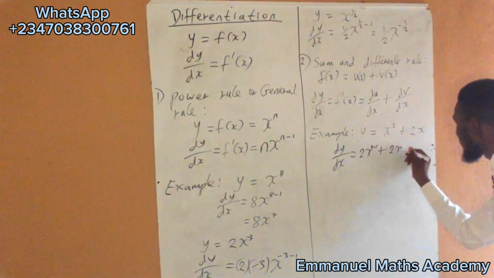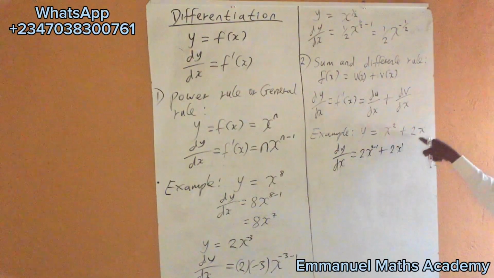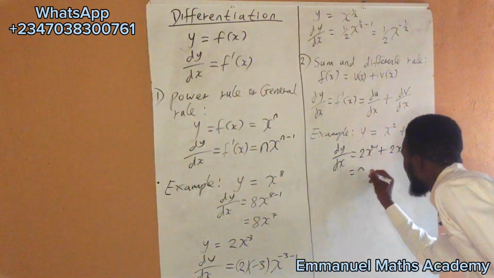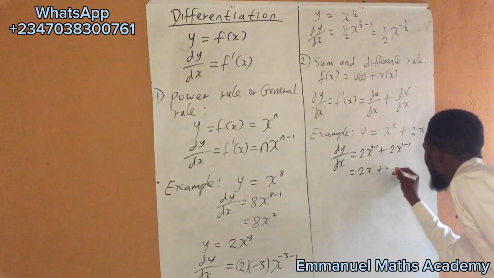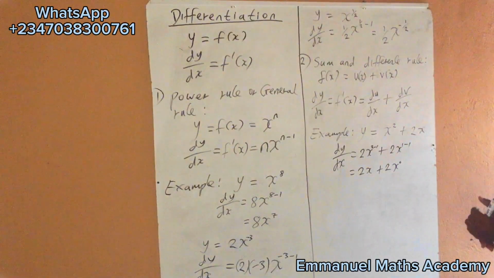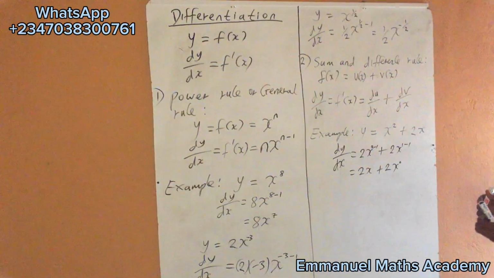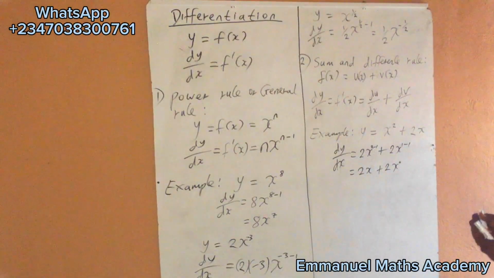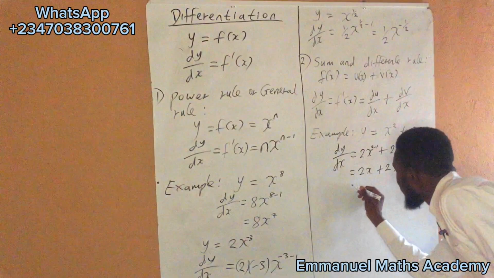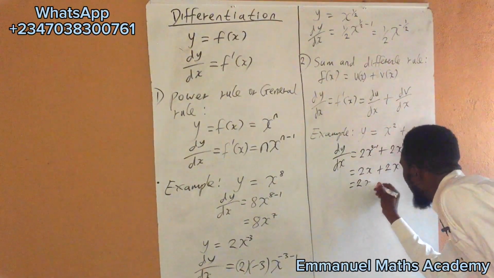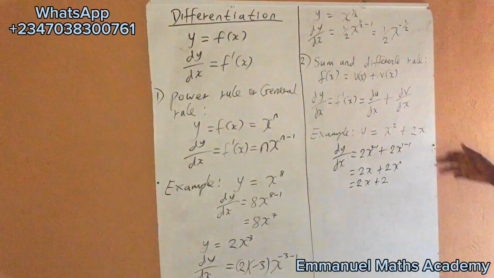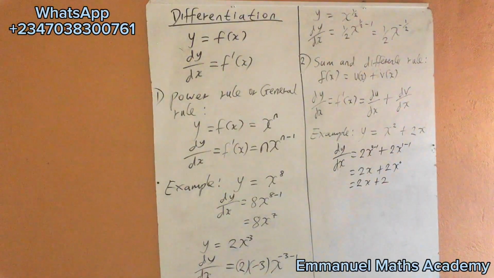And here we have what? x, an invisible 1 here, minus 1. Which is equal to what? 2x plus 2x raised to power 0. And from the law of indices, any number raised to power 0 is 1, apart from the 0 itself. Now we have 2x plus 2. This is your dy/dx.